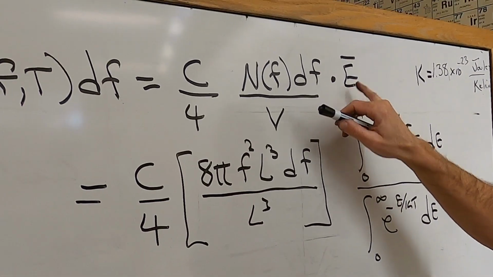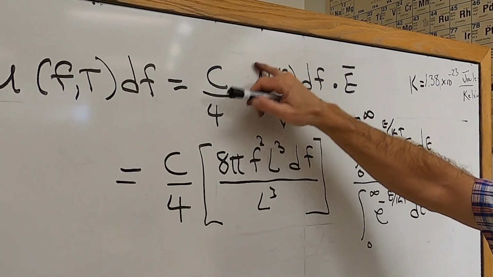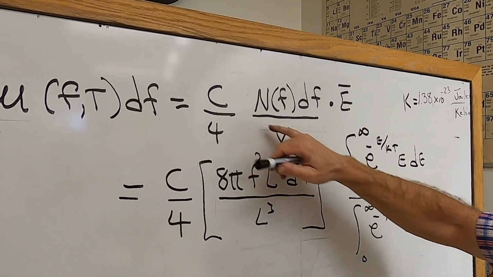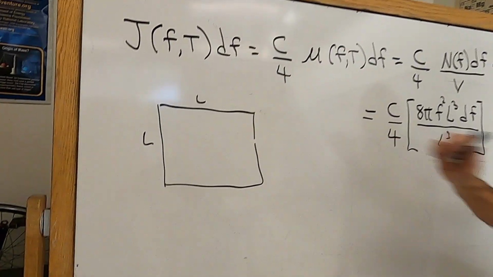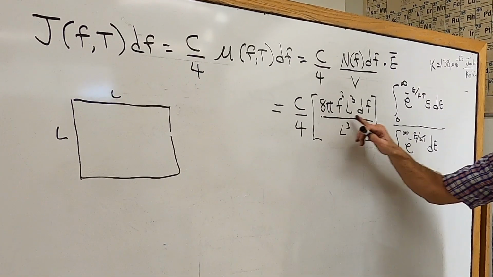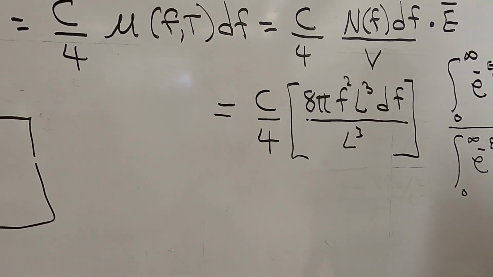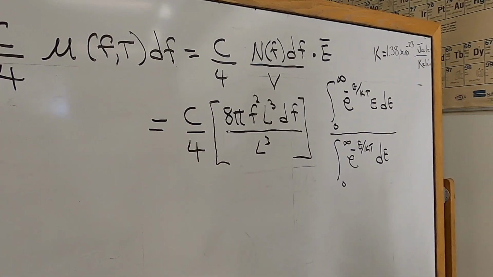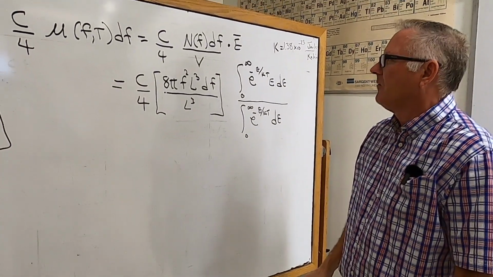That would give me the energy per volume. And counting up the number of states in there for each frequency, since you get standing waves in that box, we get this number right here. It goes as the frequency squared, because at higher frequencies, shorter wavelengths, there are a lot more combinations of waves that you can fit in there.